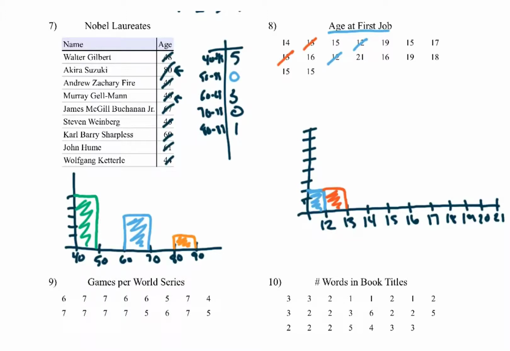Then 14, we've got 1. Then 15, 1, 2, 3, 4, so we'll go up to 4 for 15. And 16, 1, 2.